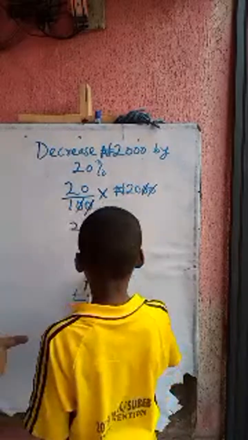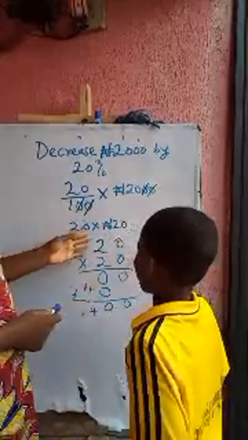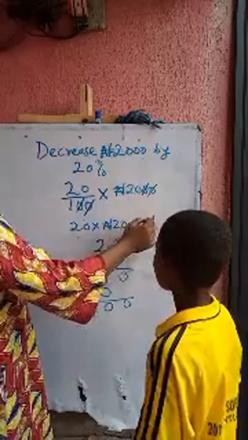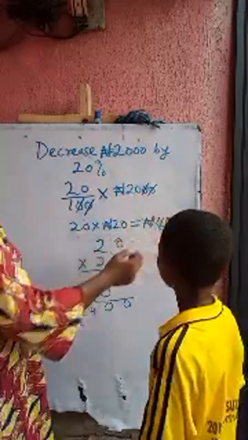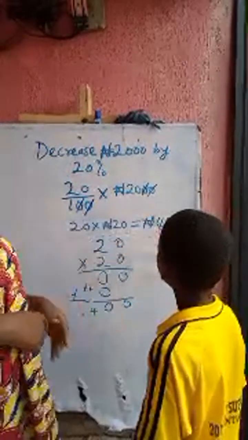So 20 times 20 naira is what? 400 naira. So remember, the question said we should decrease 2,000 naira by 400.